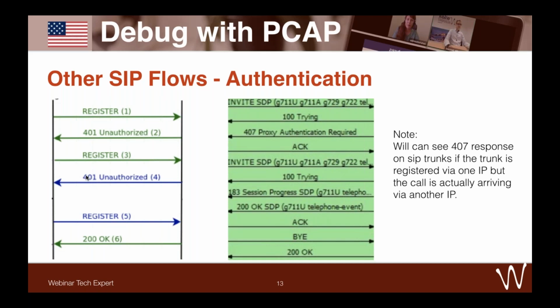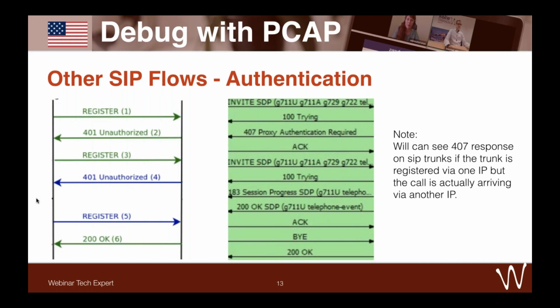I reformulate the register to include that additional security based information. I resend that registration, and then ultimately you get a 200 OK. The blue, for sake of this conversation, we'll ignore. So a register, a 401, and then a registration again with a 200 OK saying that it's accepted. That's a standard registration flow.